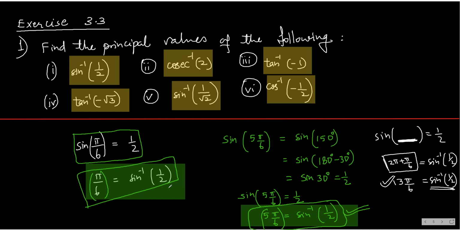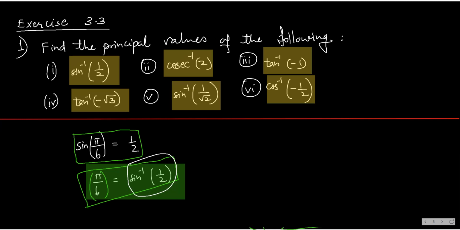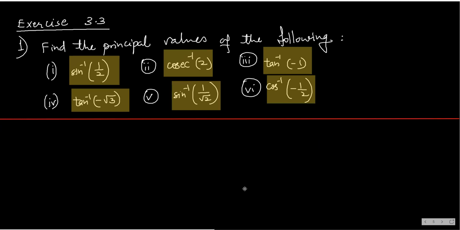So we have defined it in such a way that if we have sine inverse of 1 by 2, the value will always be between minus pi by 2 and pi by 2. Suppose someone asks me the principal value of sine inverse of 1 by 2. Immediately I will recall my definition.